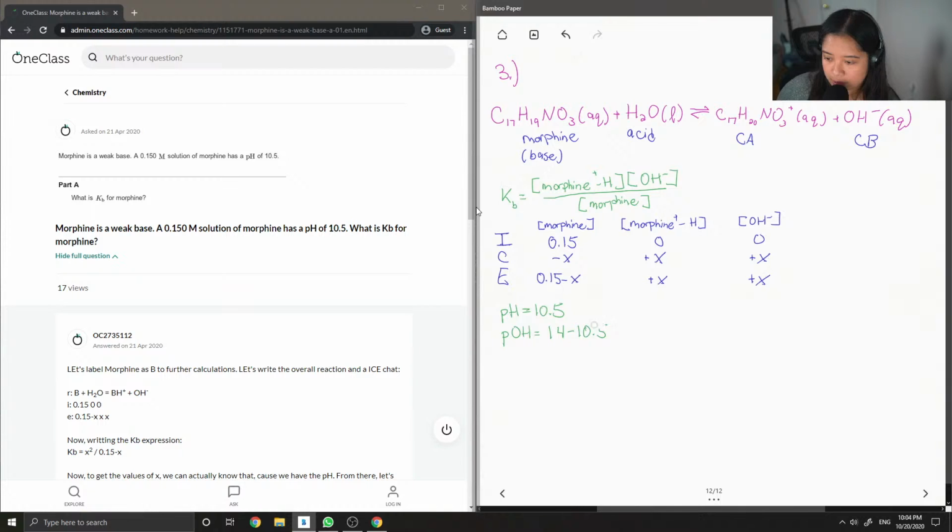Actually, sorry, it's the other way around. And then we should get 3.5. Okay, so since we know the pOH, we can calculate the concentration of our hydroxide, which is going to be 10 to the negative 3.5.